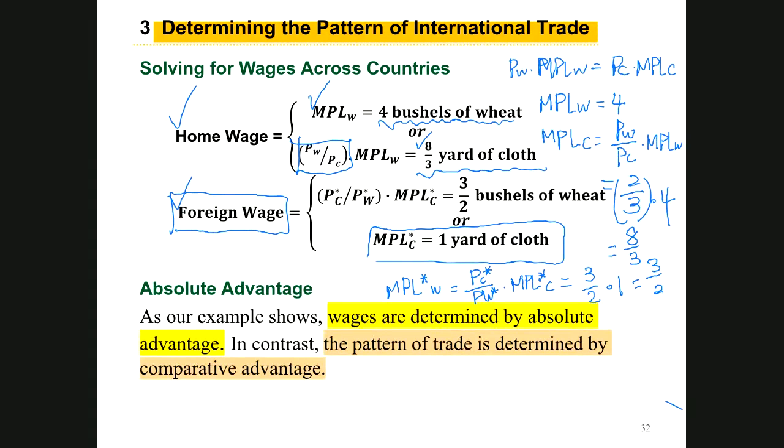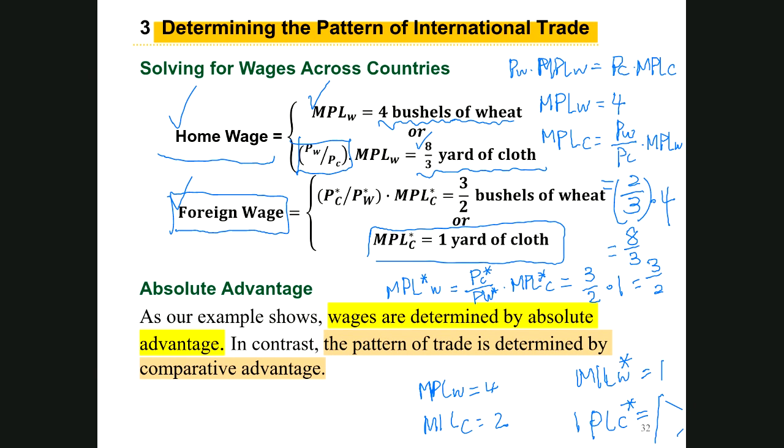Why? It's because home country has the absolute advantage in production. So think about that. The MPL W is equal to 4. MPL C is equal to 2. MPL W star is equal to 1. MPL C star is equal to 1.